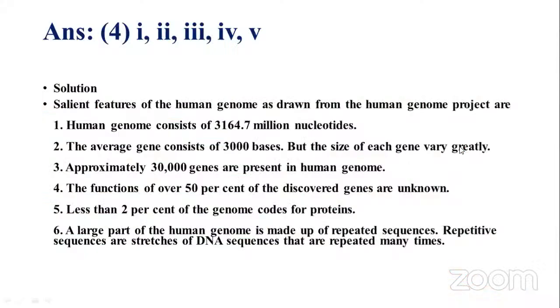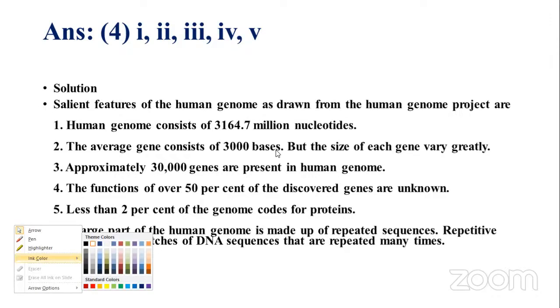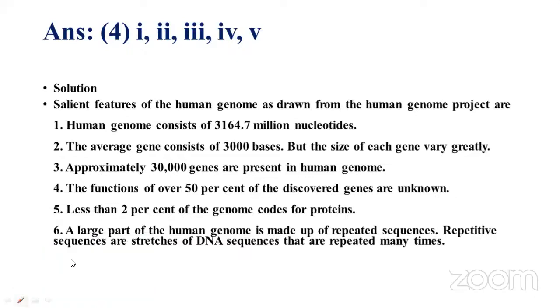Okay, my dear, go to the next one. See this one. The solution: salient features of the human genome as drawn from the Human Genome Project, HGP. Already you know about the Human Genome Project. You must note down which year. The Human Genome Project consists of 3167 million nucleotides.